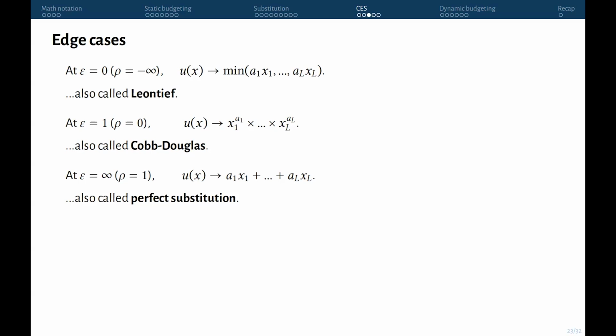That intermediate case where the elasticity of substitution is exactly equal to 1 corresponds to rho equaling 0. Just remember, rho is elasticity minus 1 over elasticity. It's also called Cobb-Douglas. You multiply all the goods together and you raise them to powers. The powers add up to 1.